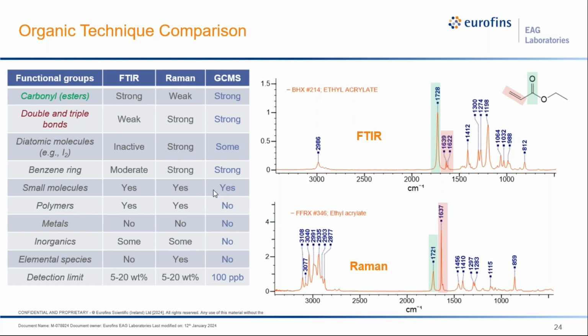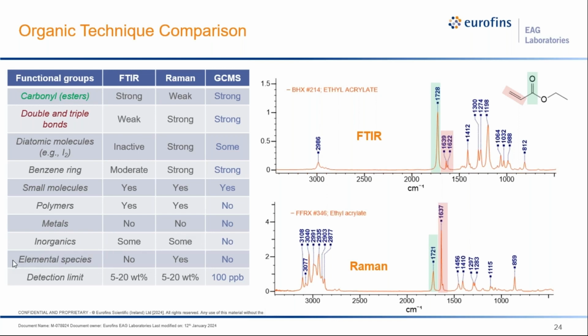GCMS can only do small molecules, and really anything smaller than 800 grams per mole for its molecular weight. In addition, none of these techniques can detect any metals. And with the inorganics, FTIR and Raman can do some, and I'll talk about that in just a second.